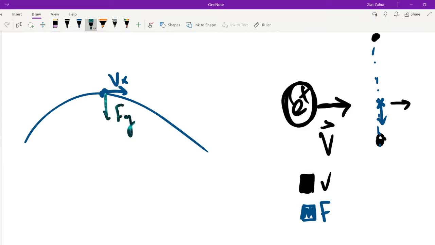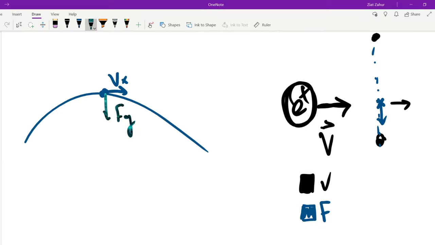Okay, when your acceleration vector, essentially your force vector, is 90 degrees to your velocity vector, the force changes the direction of velocity only.